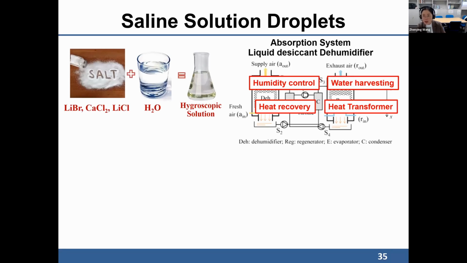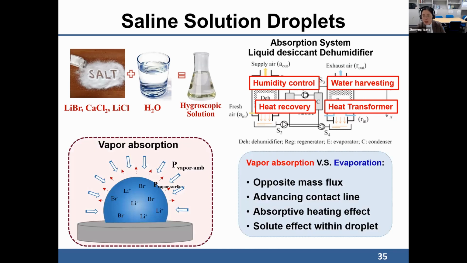And this is some background on a special type of salt I investigated, such as lithium bromide or lithium chloride. When we mix them with water, we get a hygroscopic solution, which can absorb water vapor because of the reduction of the vapor pressure at the droplet surface.